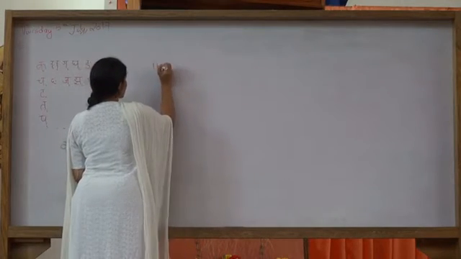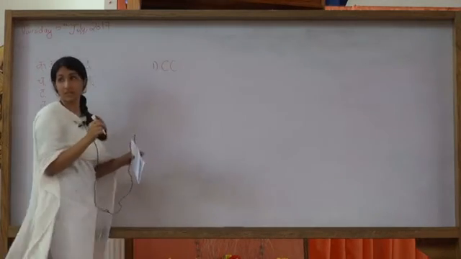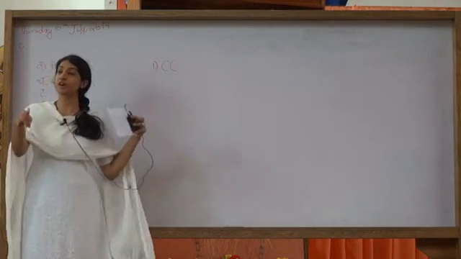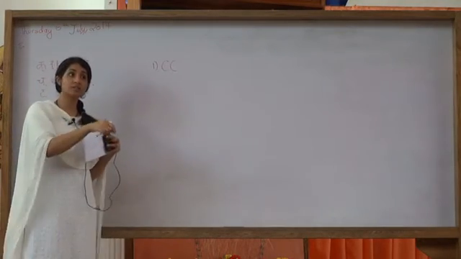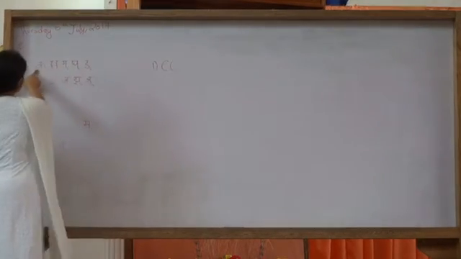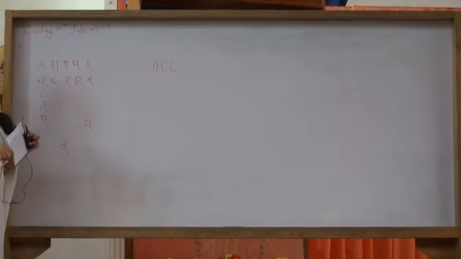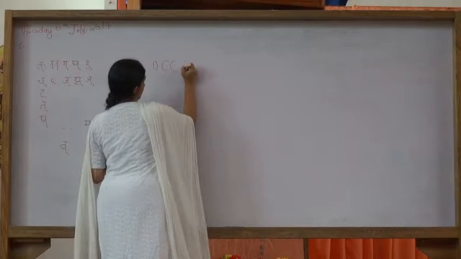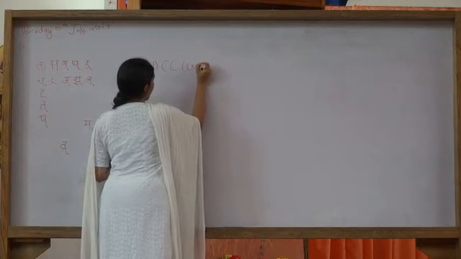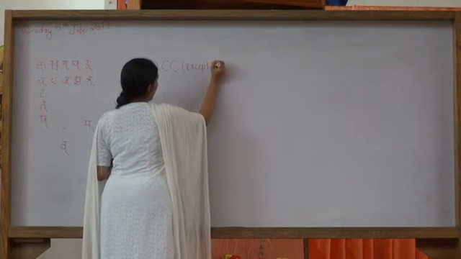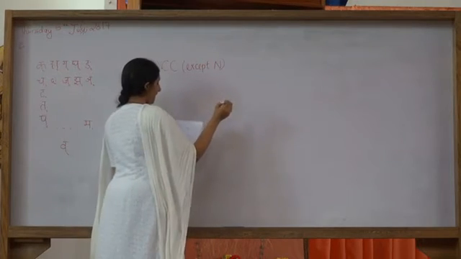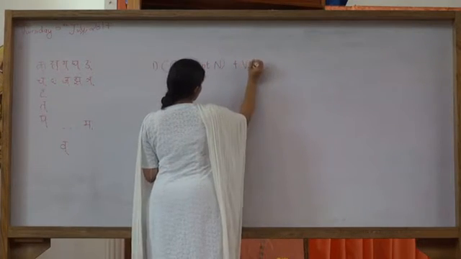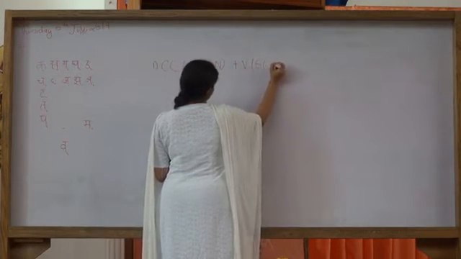The first rule was if you have a class consonant except a nasal, so not just hard consonant, but hard consonant or soft consonant between ka and ma. It's a class consonant except a nasal, followed by a vowel or a soft consonant.